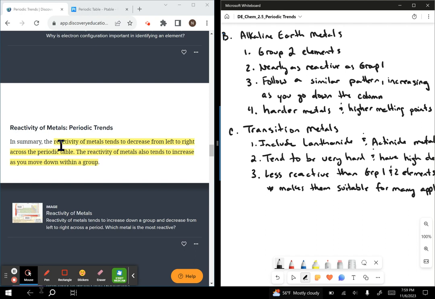The reactivity of metals also tends to increase as you move down within a group. So let's write this stuff down here. This is almost like a summary of what's happening here.